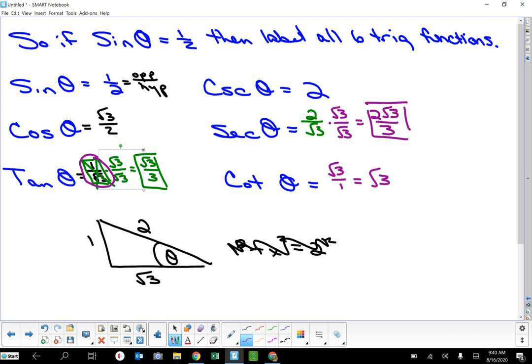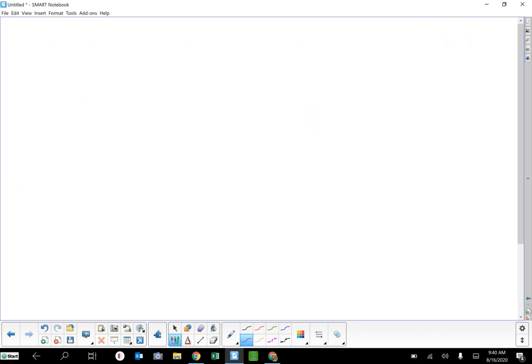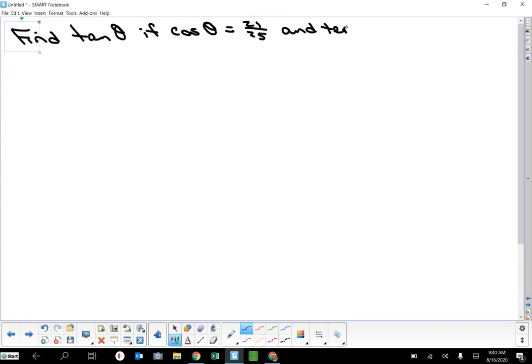So here's the next type that I do want to guide you through. It will say, here's the directions. Find tangent theta if cosine theta equals 21 over 25 and terminates in quadrant 4.